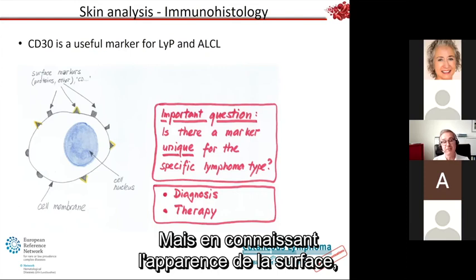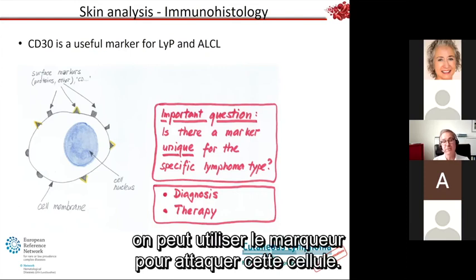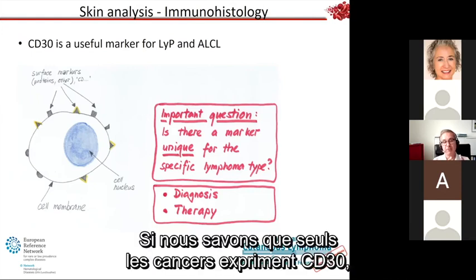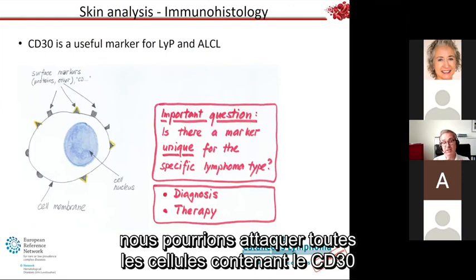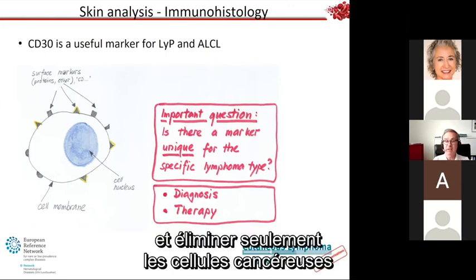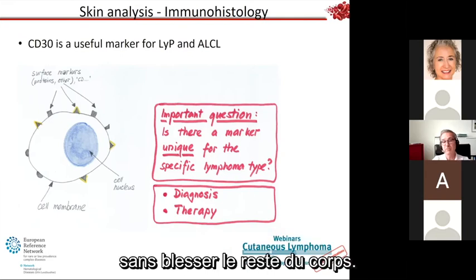But then if we know how the surface looks, we may also use this marker to attack this specific cell. If we know that only the cancers express CD30, we may attack all cells that contain CD30 and then eliminate only the cancer cells without harming the rest of the body.